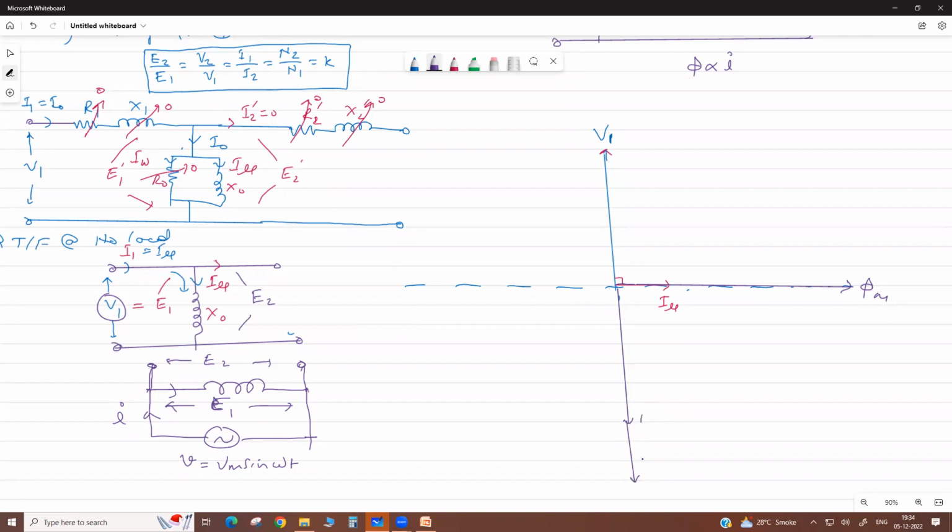Suppose E1 has more turns than E2. They are in the same phase because they are produced by the same flux. Only the number of turns are different, like minus N d phi by dt, where phi is the flux.